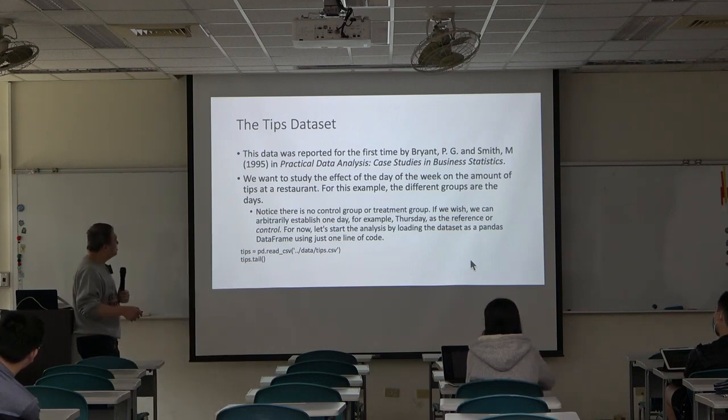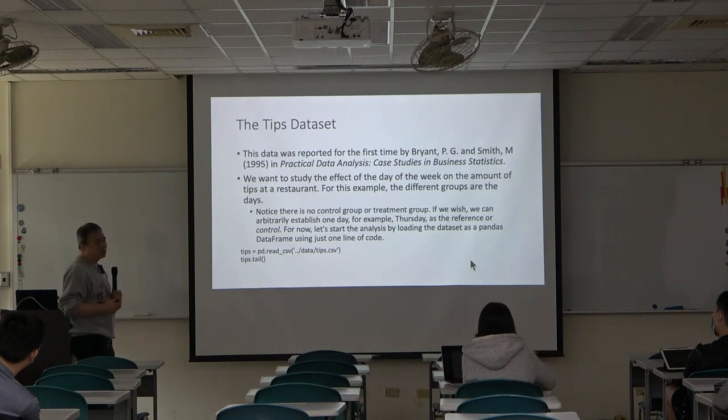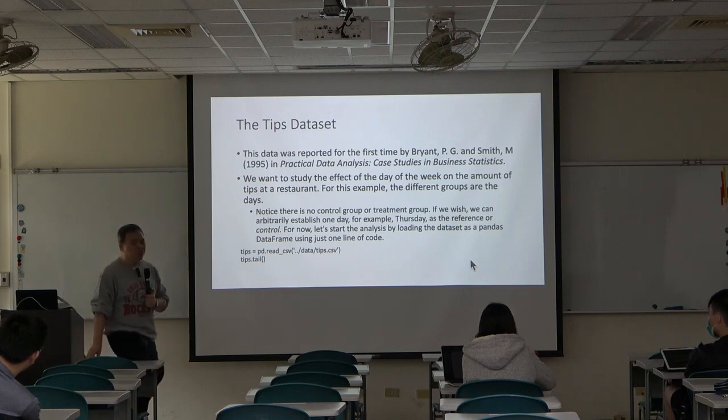Anyway, when I was in the U.S. a long time ago, the tipping percentage, for example for lunch, was normally 10%, or close to 10%, if the service is reasonable. If it's dinner, then it's normally around 15%.